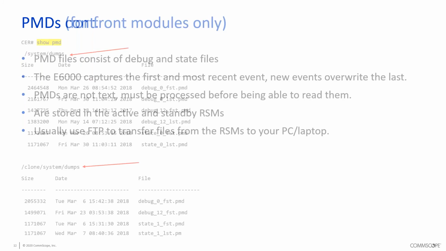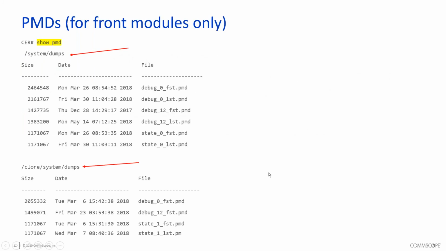So if we go back one page, we notice here that we have a few debug PMDs and we have a few state PMDs, and also they have the card number in the file name for those as well. And then you'll see the FST and the LST designations, designating the first and the last.